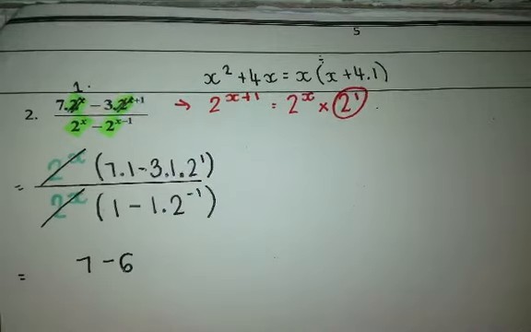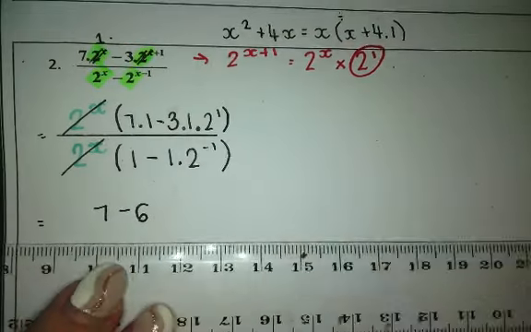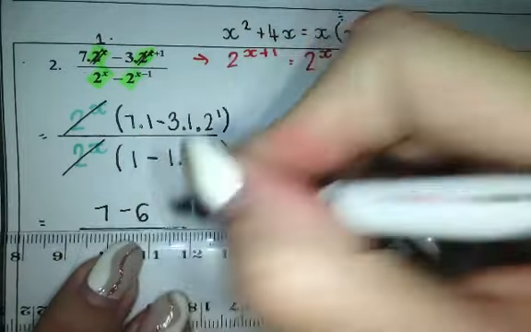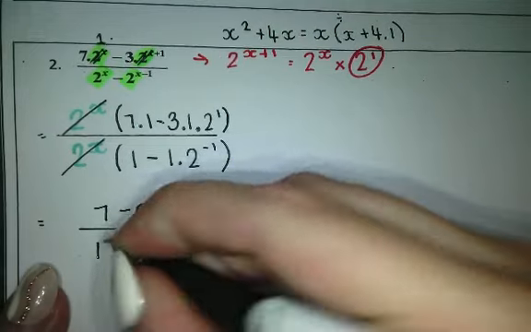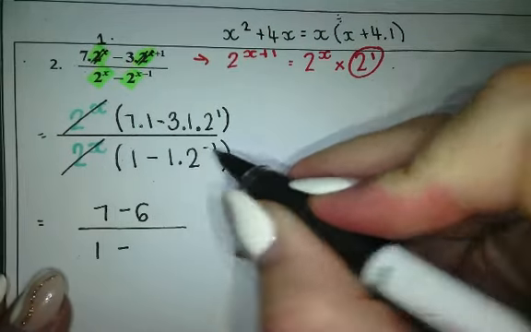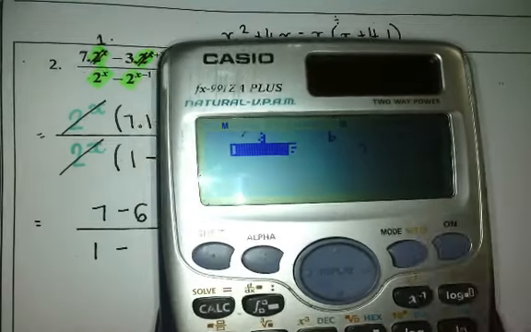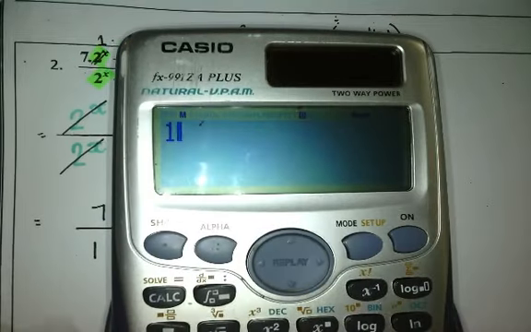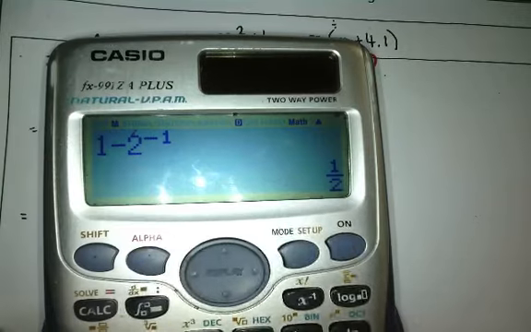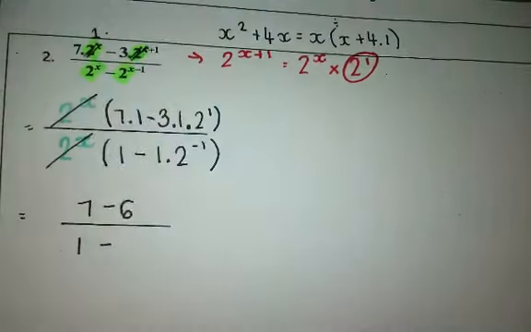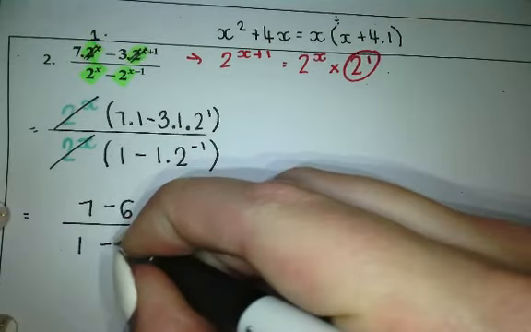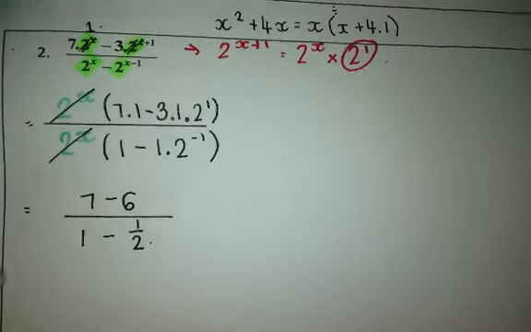You guys can put that straight into your calculators, divided by 1 minus 1 times 2 to the power of negative 1. You'll put it into your calculators. I think it's going to give you a half. 1 minus 2 to the power of negative 1 is a half. Okay, so you write down a half here.